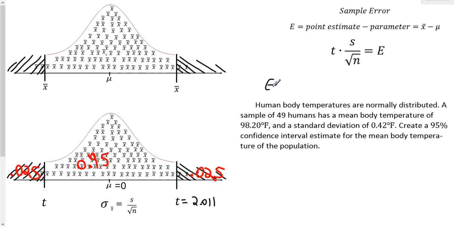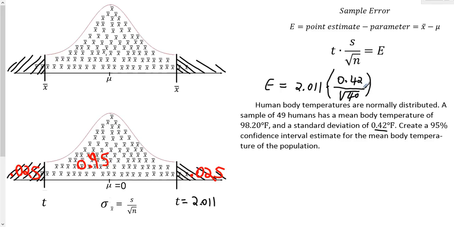So the margin of error E is going to be equal to 2.011 multiplied by S, the sample standard deviation, 0.42, all divided by the square root of n, which is the square root of 49.